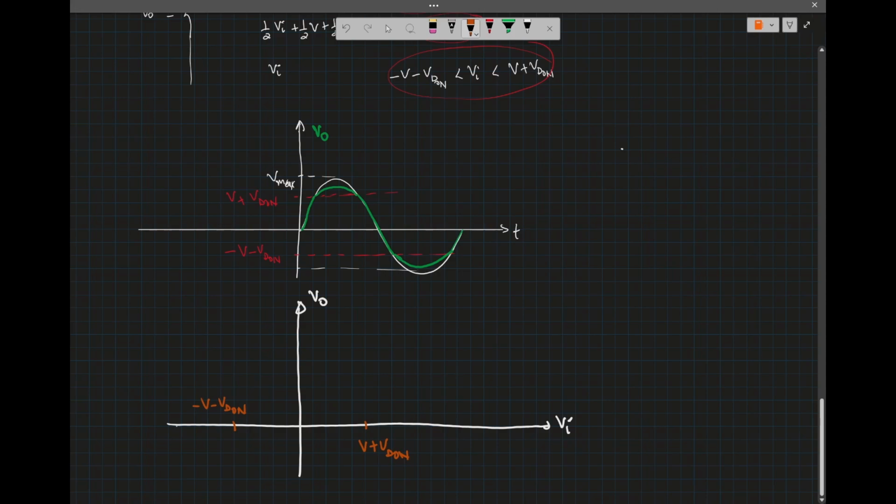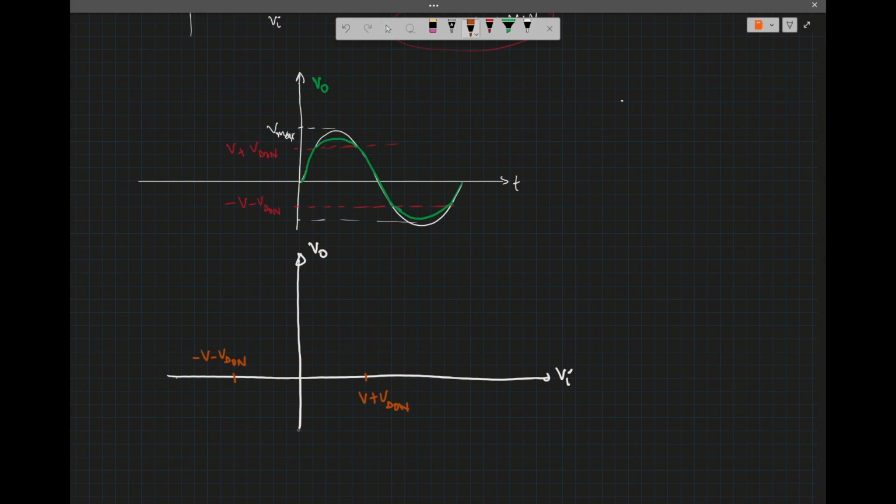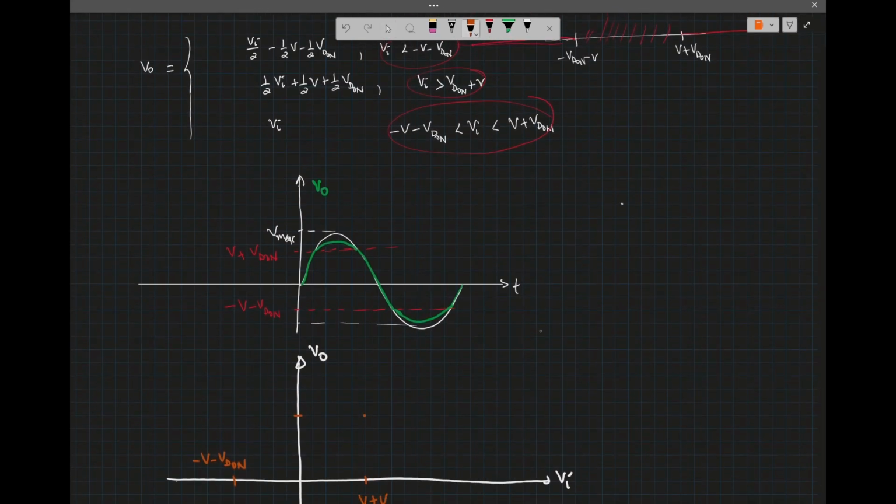Between the two, the slope is 1, like mx plus b, so V0 equal to VI, between negative V minus VD on less than VI less than V plus VD on.